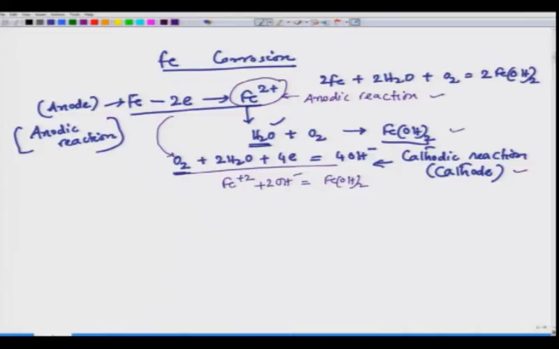Now, since I have mentioned aqueous corrosion, this corrosion can be divided into 2 parts. One is wet corrosion and another one is dry corrosion. Now, you must be wondering what is dry corrosion. If we recall, we have mentioned that oxidation is also a corrosion process. Now, whenever we talk about a corrosion process, we have to see whether these 4 parts of the corrosion cell are being satisfied.